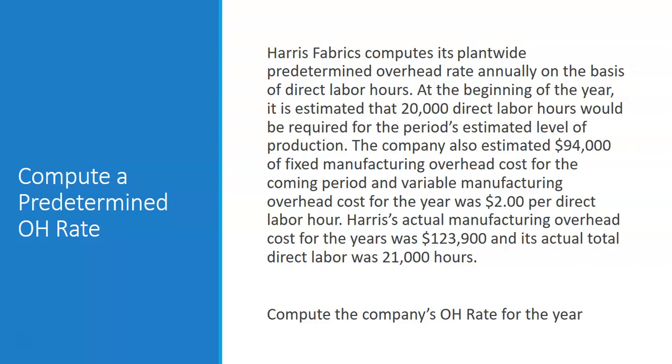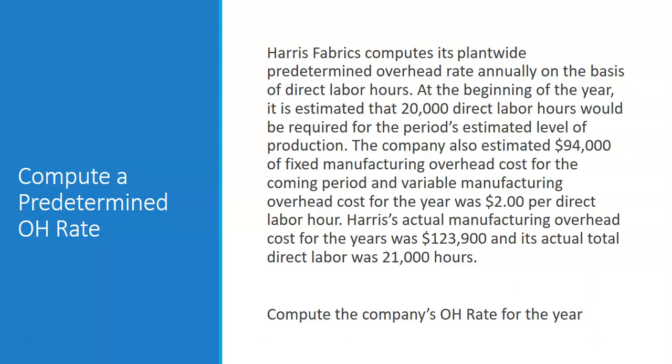We've estimated $94,000 of fixed manufacturing overhead costs, and variable manufacturing overhead costs for the year were $2 per direct labor hour. Okay, so it has these actual numbers. We don't need the actual numbers when we're calculating the overhead rate for the year. That's extra information that it is giving you.